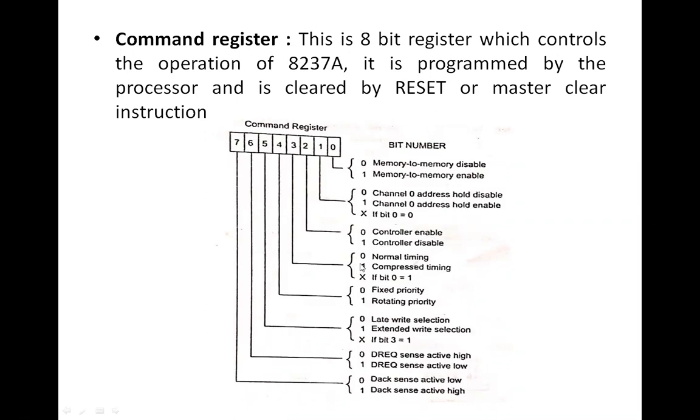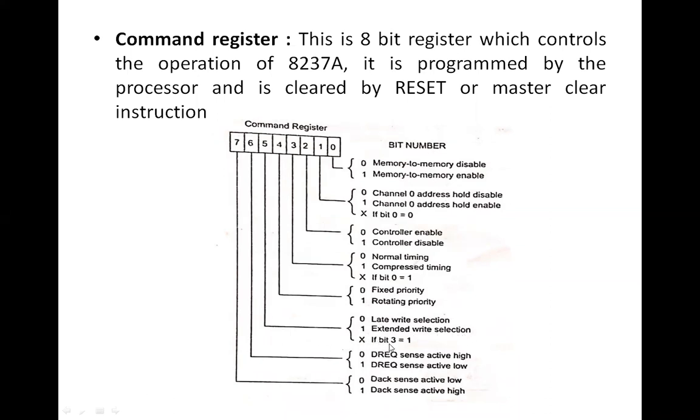Similarly, if bit number 3 is 0, it is normal timing, and if bit number 3 is 1, it is compressed timing. Bit number 4, if it is 0, it is working in fixed priority. If it is 1, it is working in rotating priority. Bit number 5, if it is 0, it is late write selection, and if it is 1, it is extended write selection.